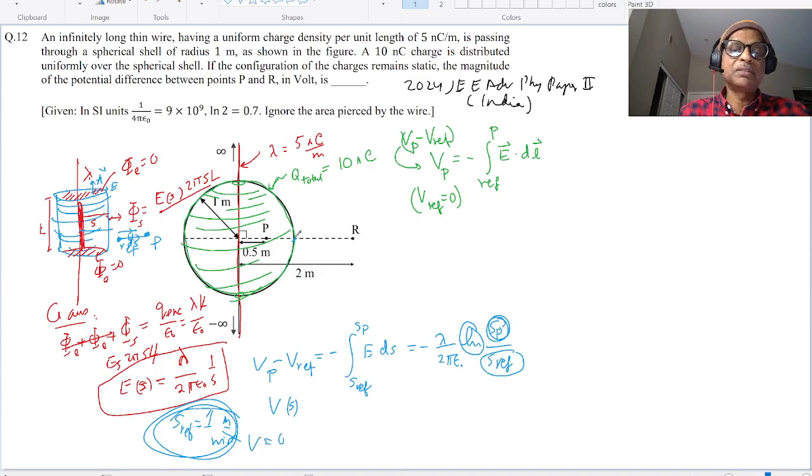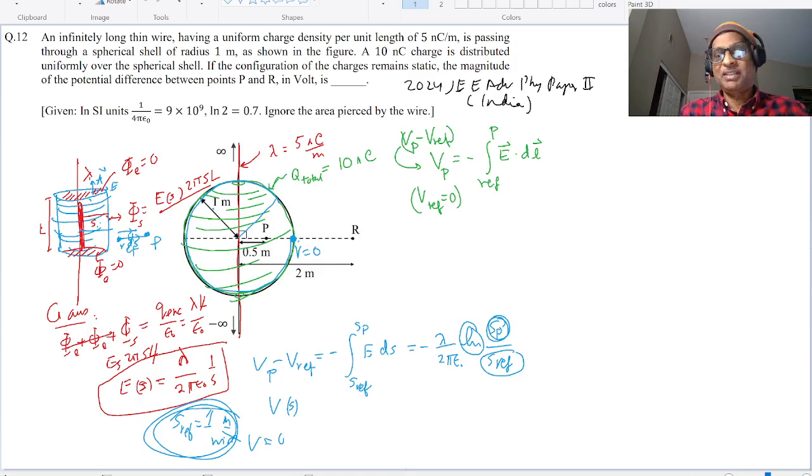That will mean a point on the sphere. What I'm thinking in my head is wrong. It's a sphere, and this is a cylinder, so we're talking about a point 1 meter away. So we're picking that to be V equal to 0, our reference for this system.